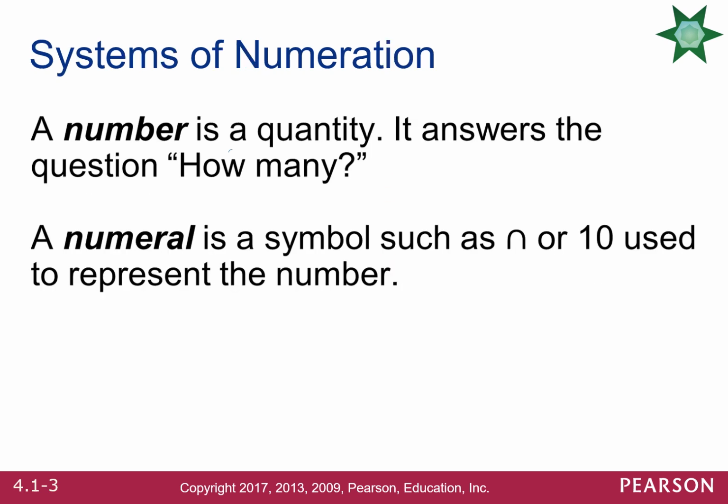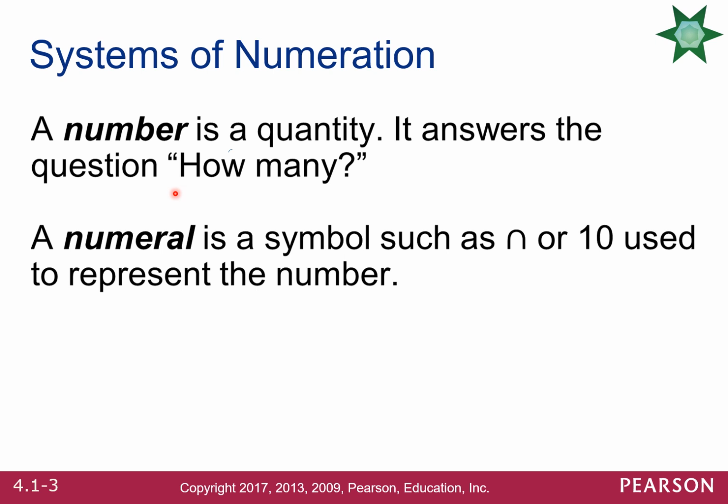Now, before we go into studying the different systems of numeration that have been in existence from ancient times, we need to understand the difference between these two terms here, a number versus a numeral. Many times in loose conversation, we often use these terms interchangeably, but there is technically a difference between the word number and the word numeral.